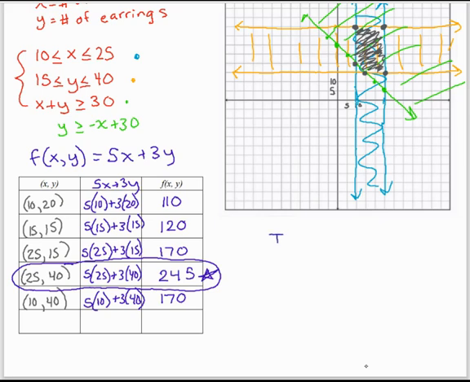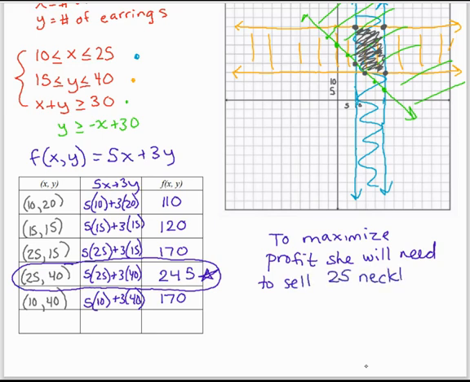So to maximize profit, she will need to sell 25 is my X, so 25 necklaces, and 40 is my Y, 40 earrings.